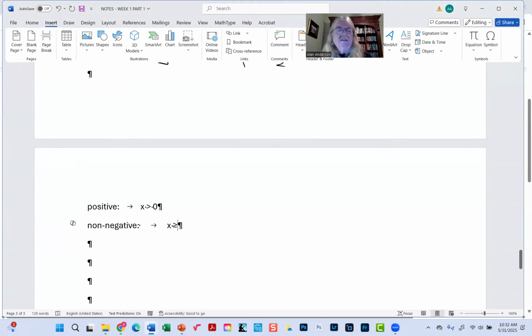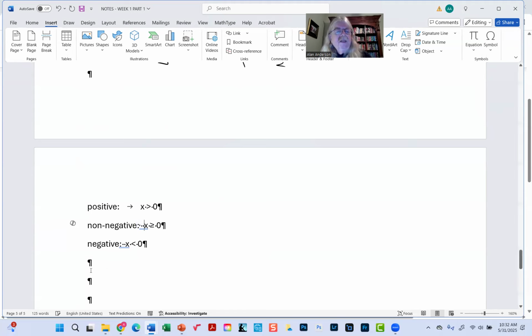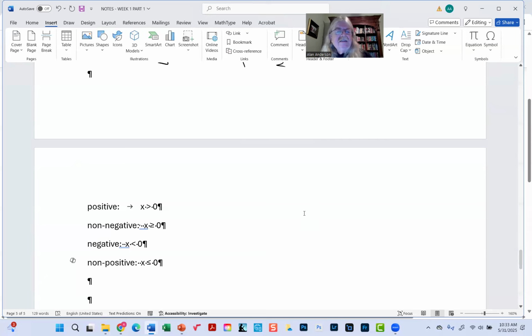There it is. Then we have strictly negative, which of course means that x cannot be 0. It's negative. And then, of course, in the last case where it could be negative or 0, possibly 0, it's called non-positive. I think I have that symbol right here too. Yes, I do. All right.